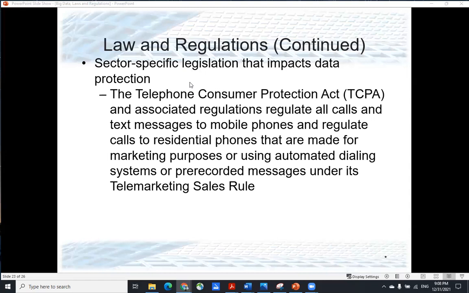You could call the number and say, I don't want to receive any advertising or marketing calls. But we still receive those calls because some of them come from outside of the United States, and it's hard to prevent those calls. But this regulation regulates calls and text messages to mobile phones, and calls to residential phones as well.